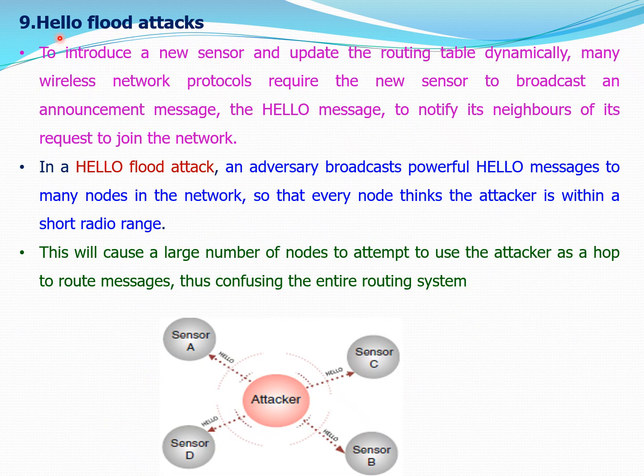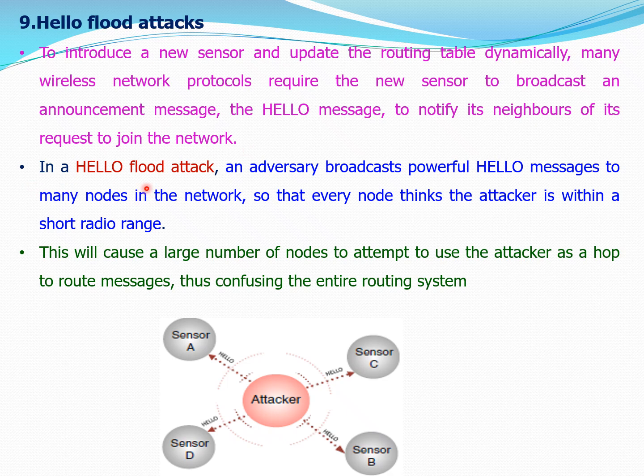The next one is called hello flood attacks. To introduce a new sensor and update the routing table dynamically, many wireless network protocols require the new sensor to broadcast an announcement message, the hello message, to notify its neighbors of its request to join the network.